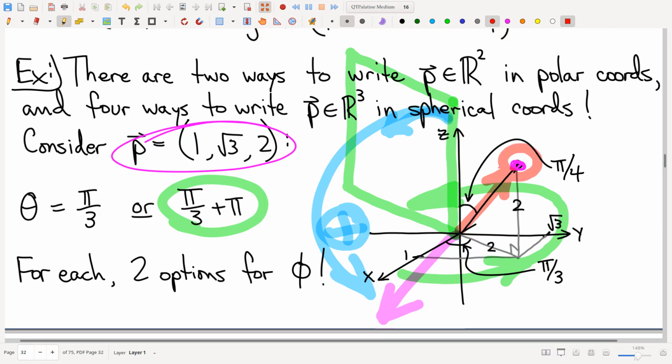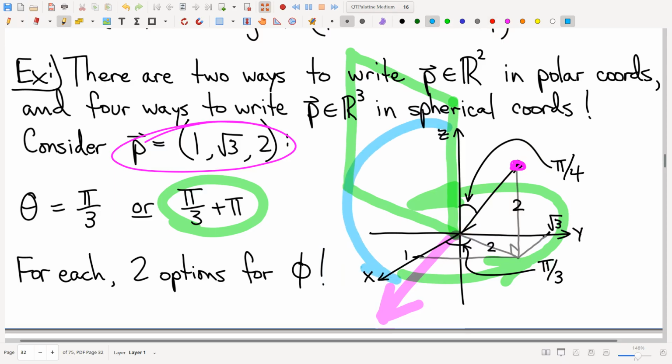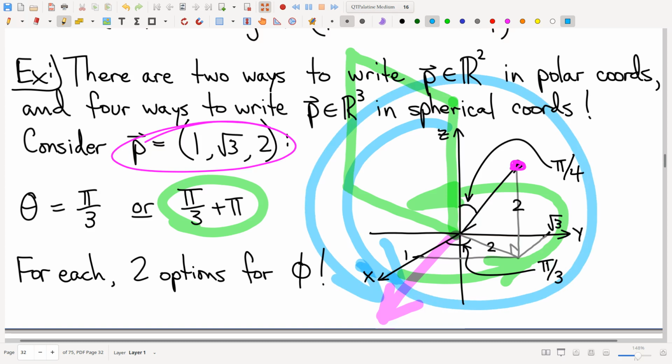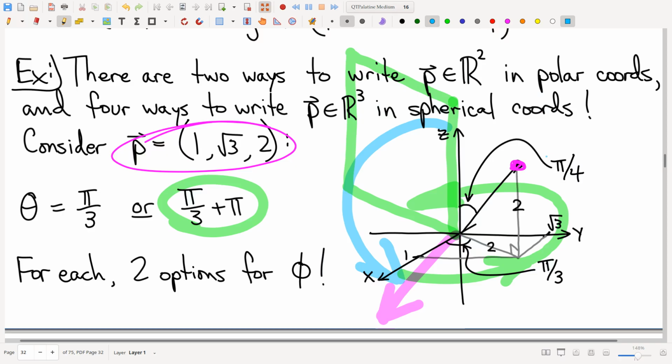Yeah. Could you go all the way around and then have a positive? Yeah, sure. There's one thing I'm sweeping under the rug: whatever your angle is, let's say I go like, so there's my phi, whatever that value is. Yeah, you can always add 2 pi. Anytime you add 2 pi, that's all good. Oh, you're talking about like this.